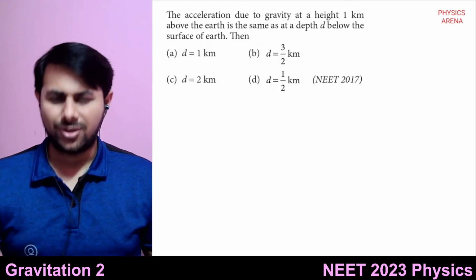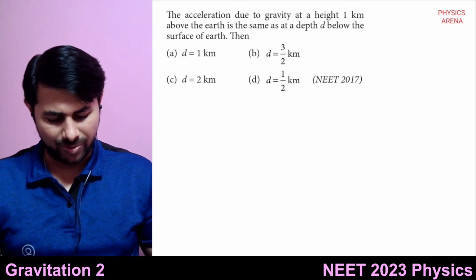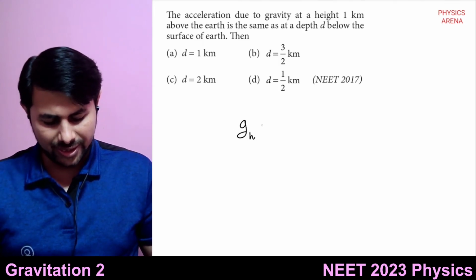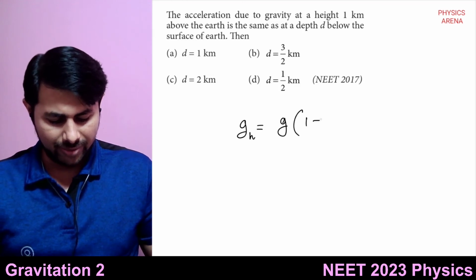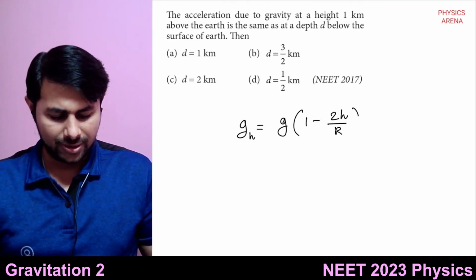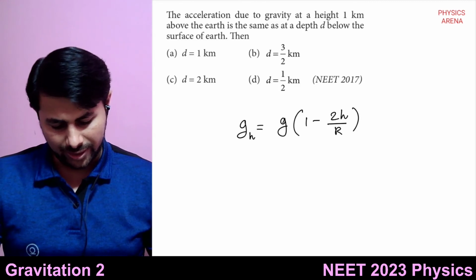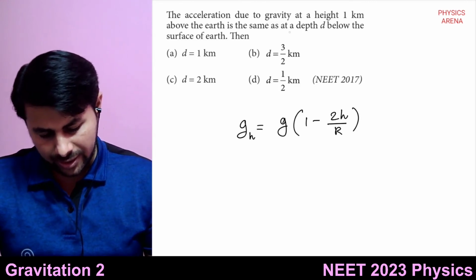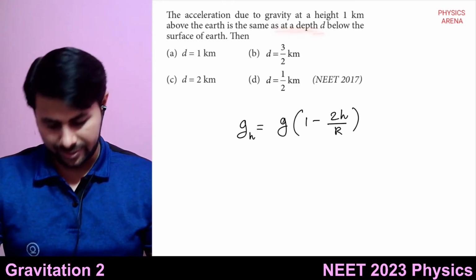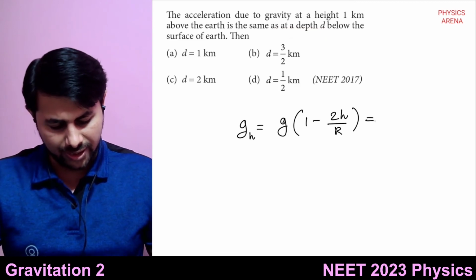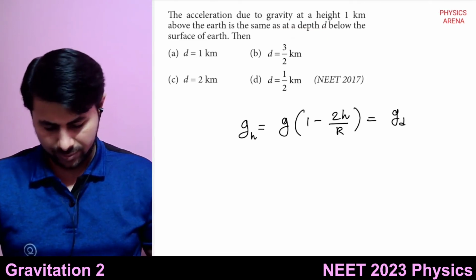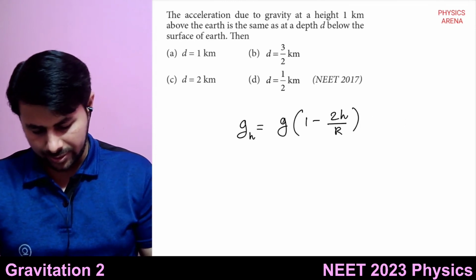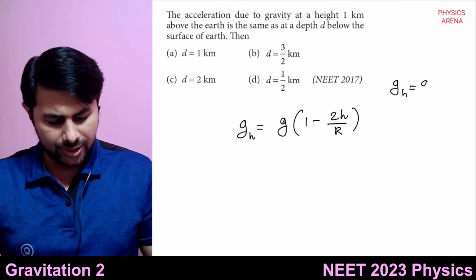Here it's only 1 kilometer, so we can use this formula: g at height h is equal to g multiplied by 1 minus twice h upon r. And they are saying it is the same as at depth d, so g_h is equal to g_d.